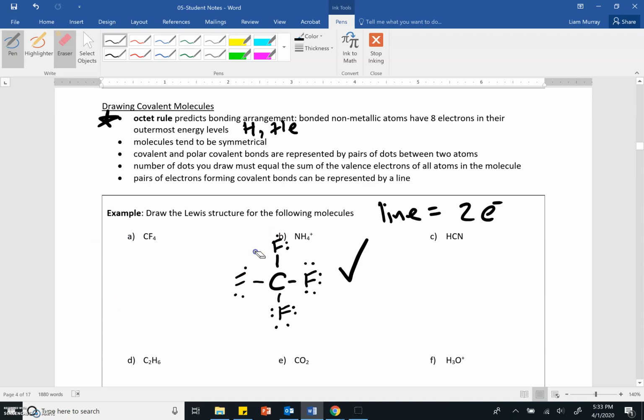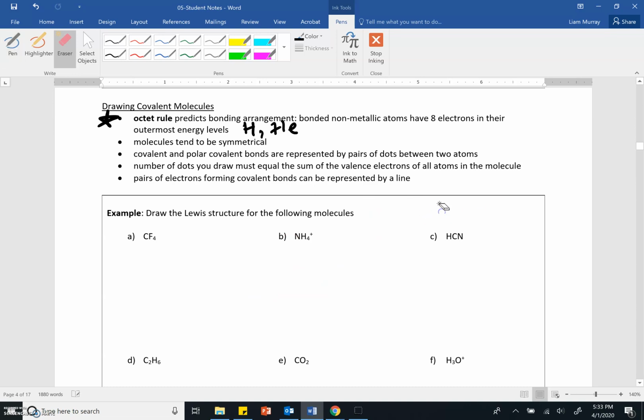If I'm looking at question B, I've now got a charge. That charge is telling me that I've lost an electron in this case, because it is a positive polyatomic ion.